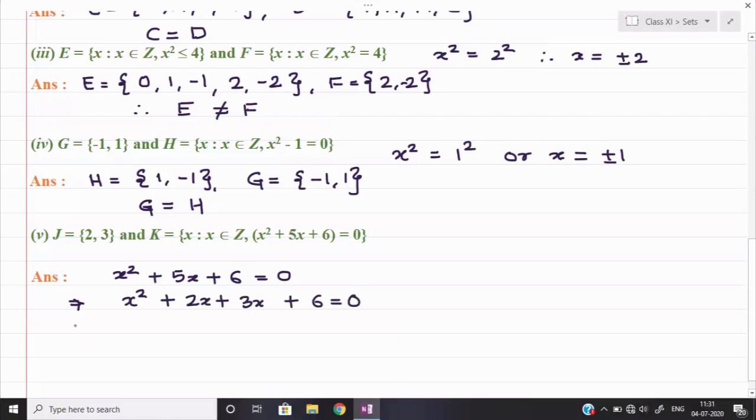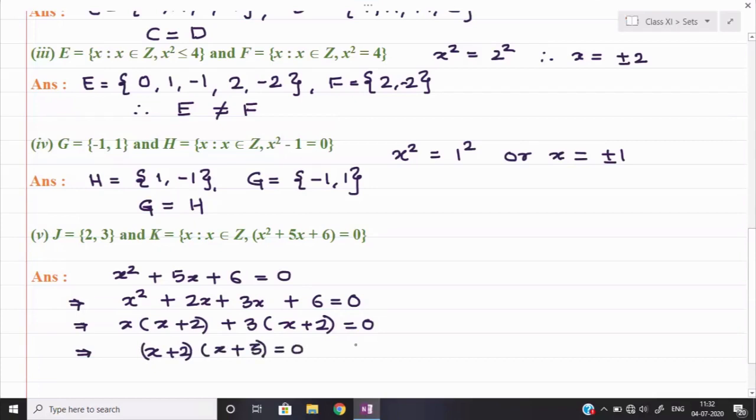Now if I solve it further, from the first two terms I can take x common, remaining is x plus 2, and from the last two terms I can take 3 common, remaining is again x plus 2, right? x plus 2 is common from both the terms and remaining is x plus 3. This you all know, in class 10 you have done a lot of questions like this.